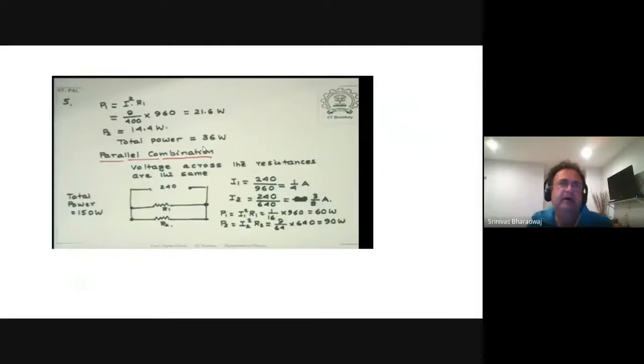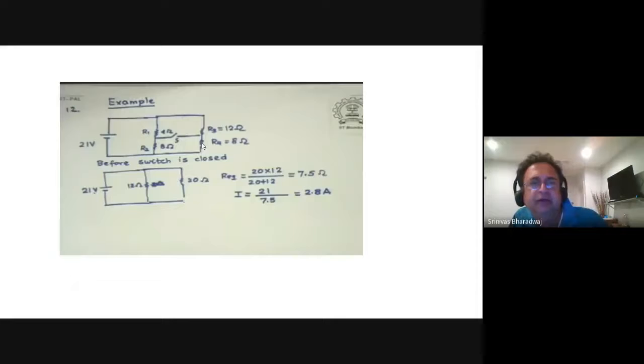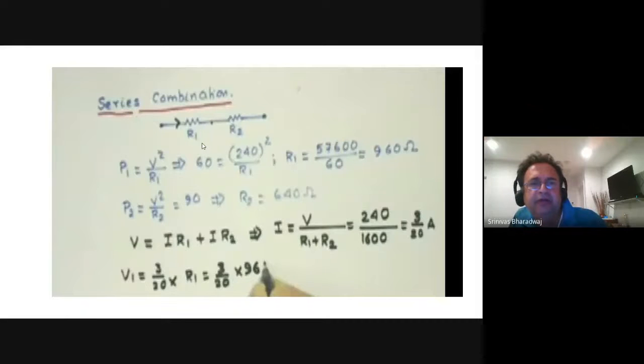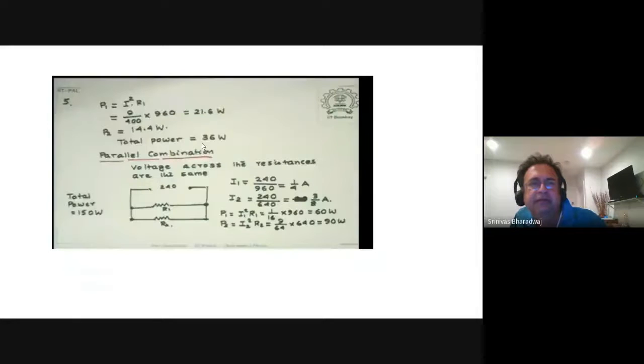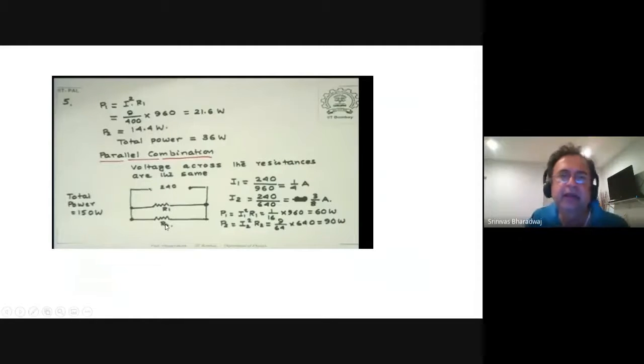So in this question, we looked at the power. Here is another example. I am not going to go into this example because we don't have all the details here. But basically there is the parallel combination R1 and R2, and the voltage across the total is 240.